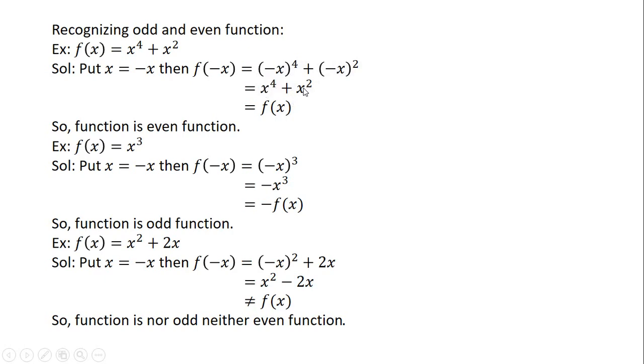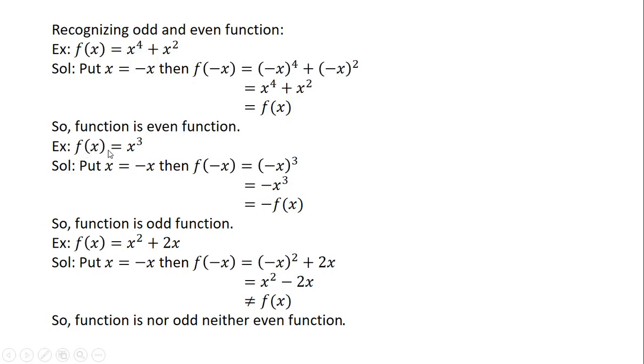X^4 plus x^2 is equal to f of x. In this function we put minus x, and we get exactly the same function value. So this function is an even function.